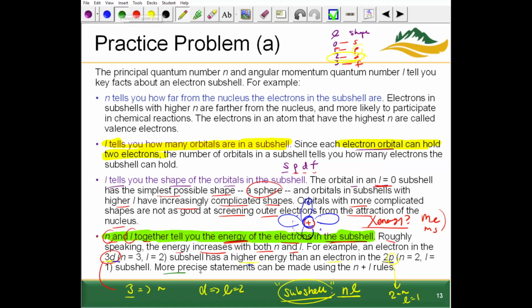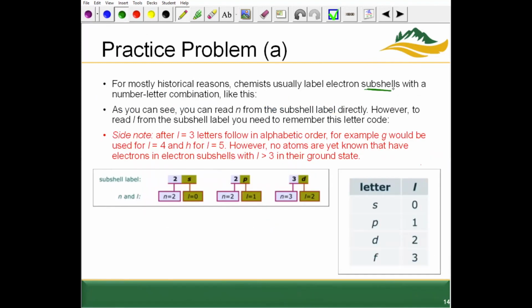We could get more precise with the exact energy difference of electrons in different subshells by using the n+l rule. Again, what are we calling a subshell? It's that combination of n and l. We can read n directly from the number that's here.